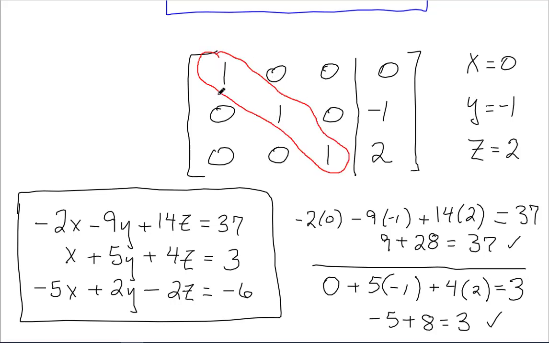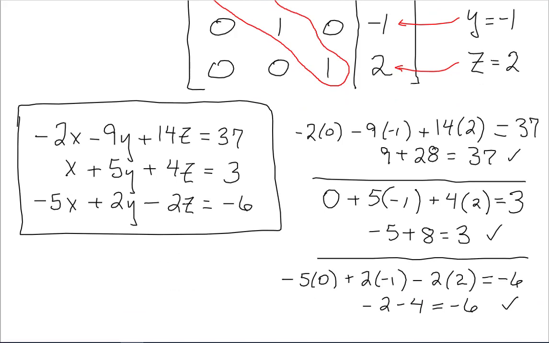I've got zeros every other place, and so I can read off: X is 0. Y is minus 1. Z is 2. And plug them in and make sure they actually do work. And they do actually work.